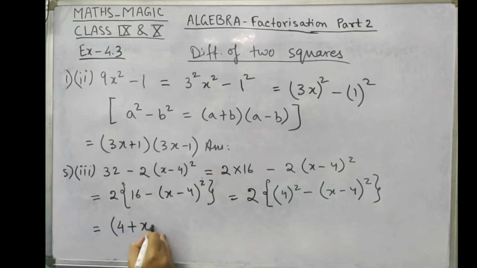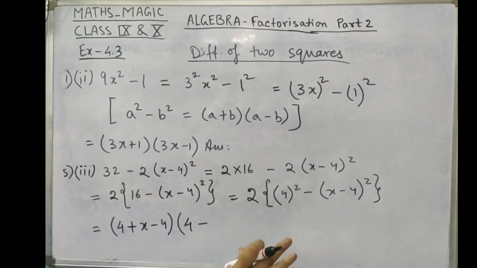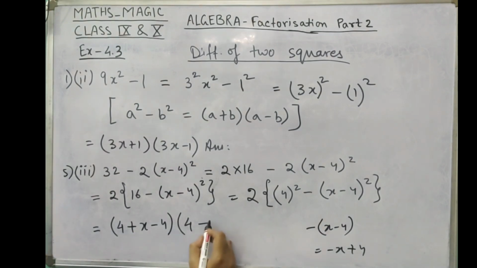So 4 plus x minus 4 is a plus b, now a minus b, so minus this whole. Now I'm putting a minus, but if I open this, if I do minus of this, what will I get? Minus x, then minus plus, plus 4. This is the value.